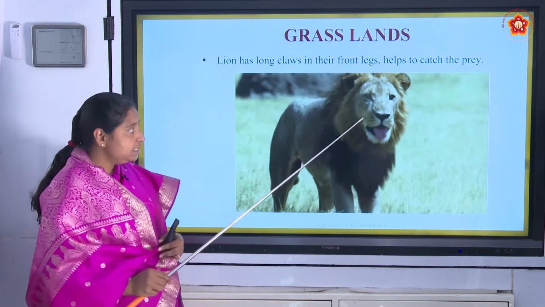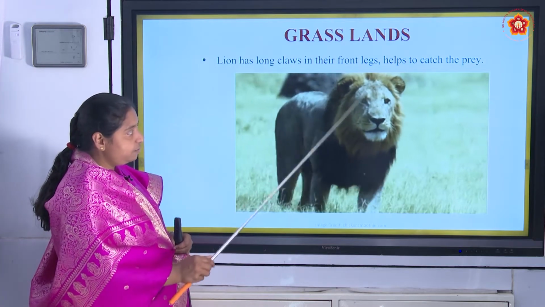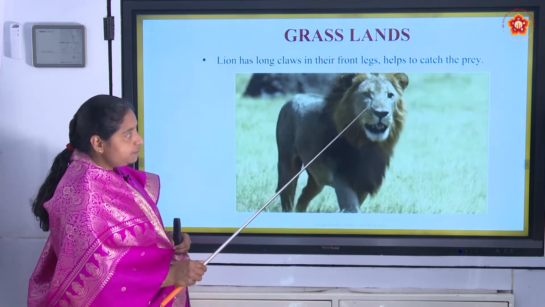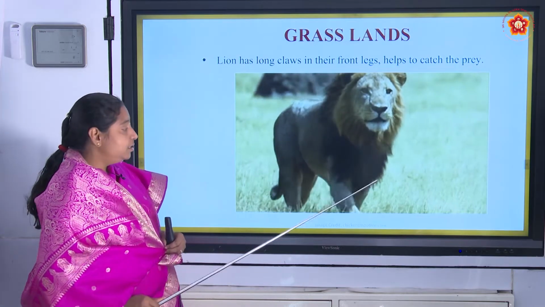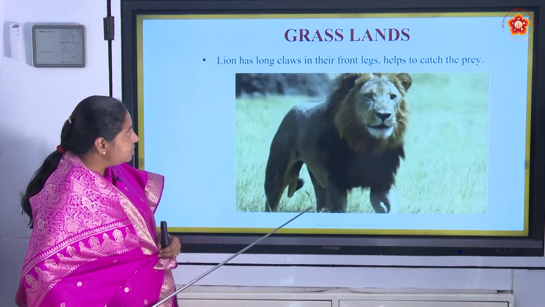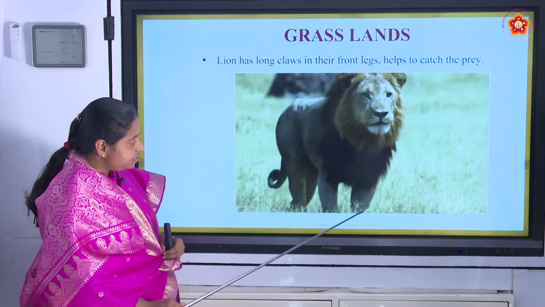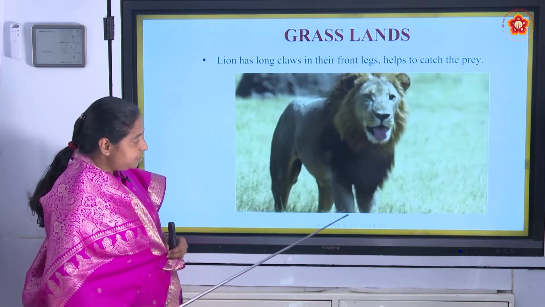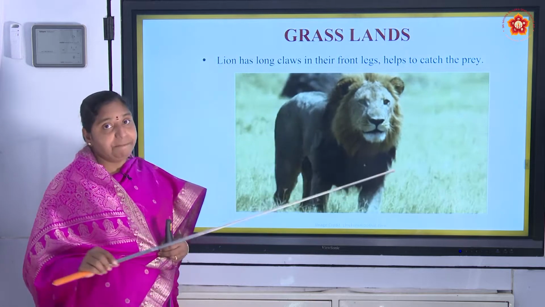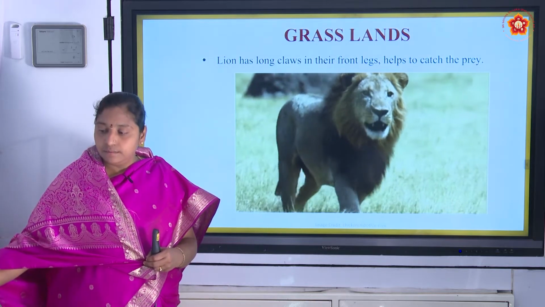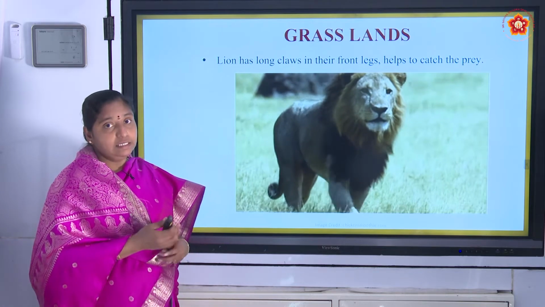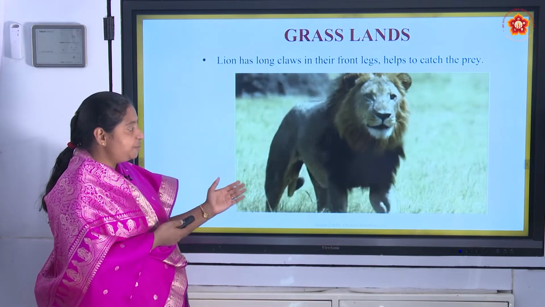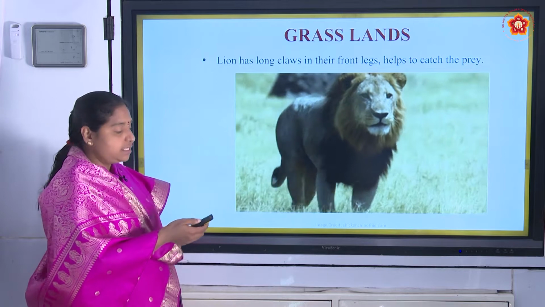See, lion has eyes in front of the head, which help to see where the prey is. And it has long claws in the front legs, which help it to catch the prey. And it has brown colored skin, which matches with the dry grasslands.